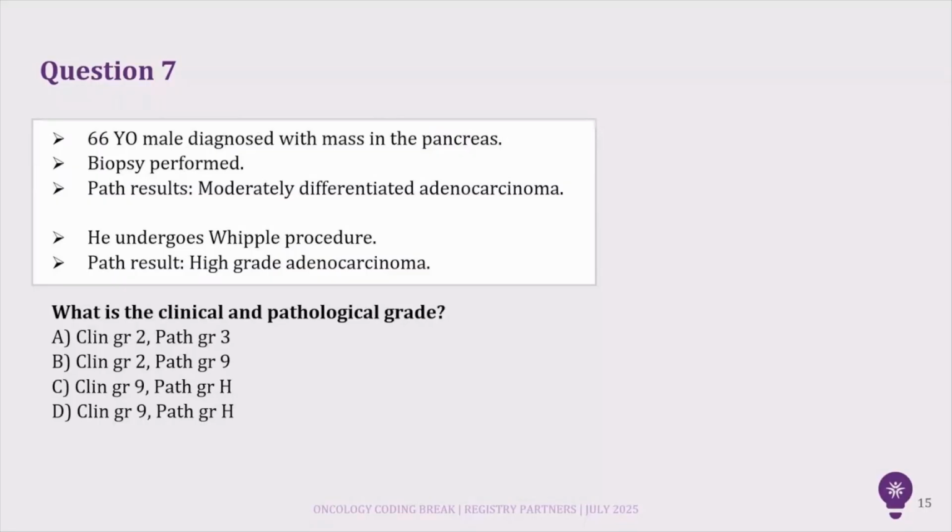Okay, we have fewer people voting on this one. This one must be a hard one.